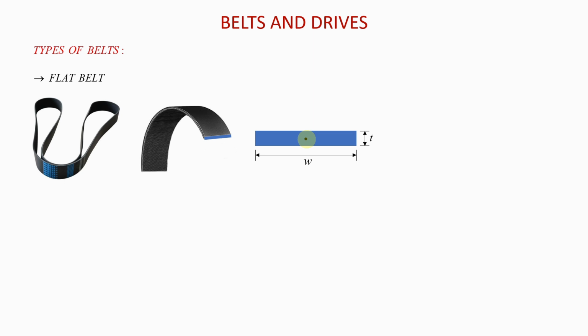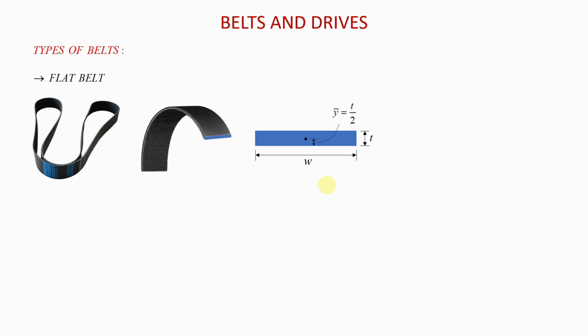So for a flat belt, which will have a width W and a thickness T, the location of the centroid, of course, will be in the center of that rectangle, because we know that the centroid of a rectangle is, of course, at the center of the rectangle. And so the distance there is what we refer to as Y bar.